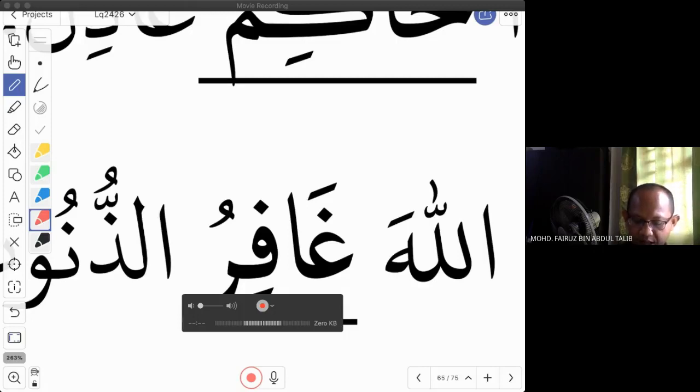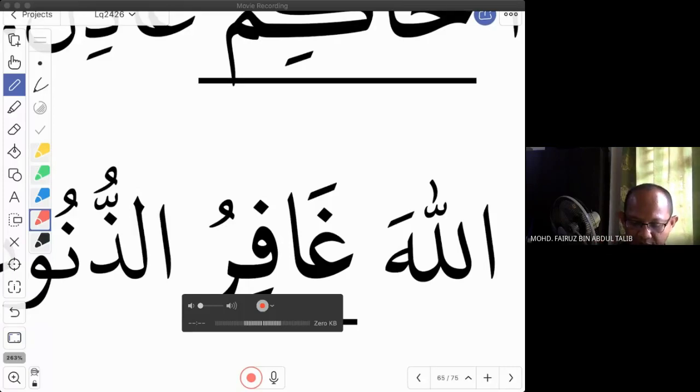Hakama becomes hakim, ghafara becomes ghafir, kataba becomes katib. That is the first way to change to isim al-fa'il. Any question for the first one, fa'il? Okay, the first one is easy.